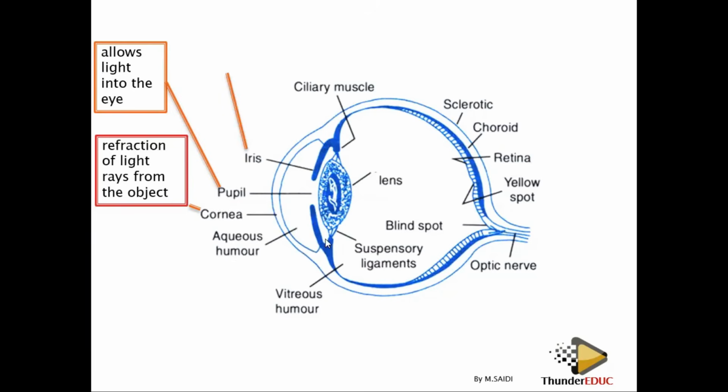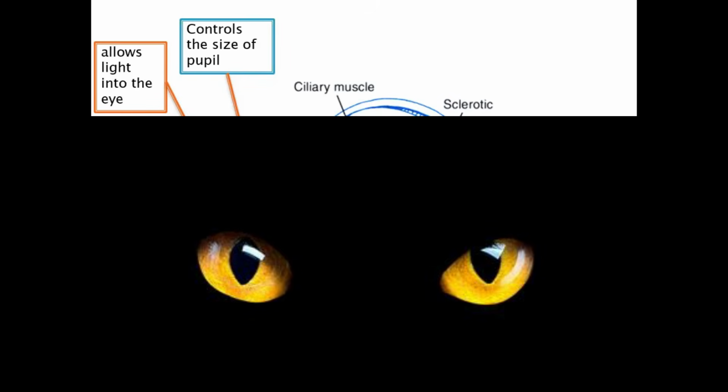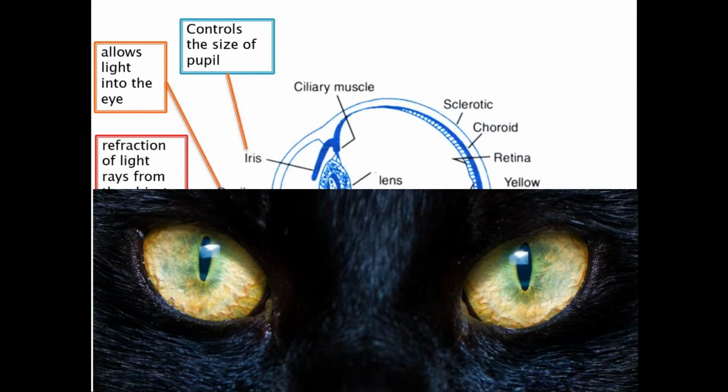What's the function of the iris? Because it is making this space, it brings about control of the size of the pupil. It controls the size of the pupil. If you want to look at this very clearly, you can look at the cat. At night, you see that it has a very big pupil, and then during the day, the pupil is very small.